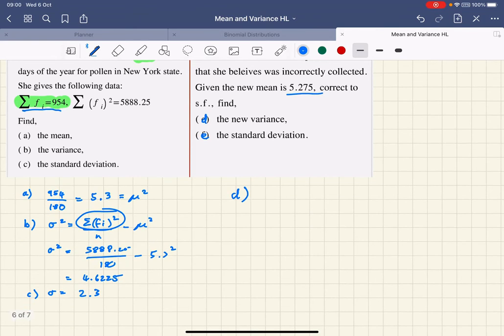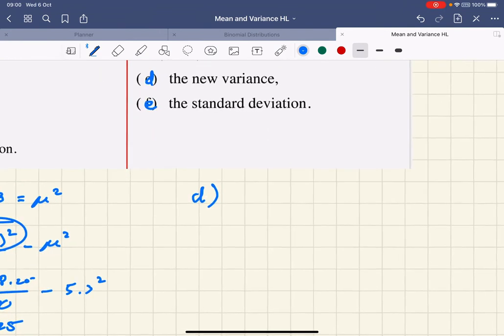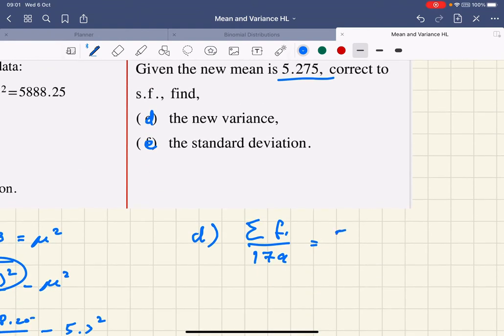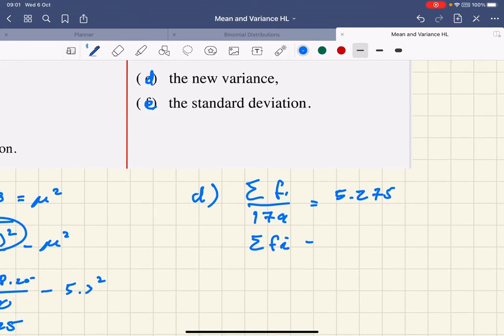So that means that I took the new total divided by 179. So this is the new total divided by 179, and it gave me 5.275. So I'm going to work out the new total by doing 179 times 5.275. So this is the total for 179 pieces of data.